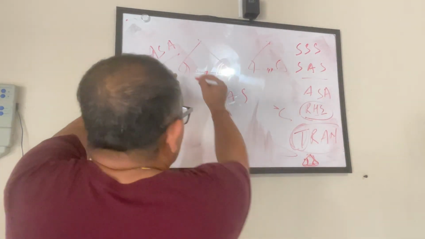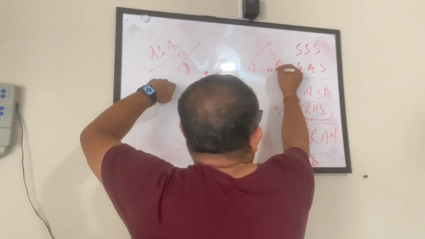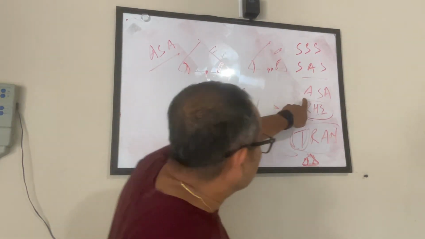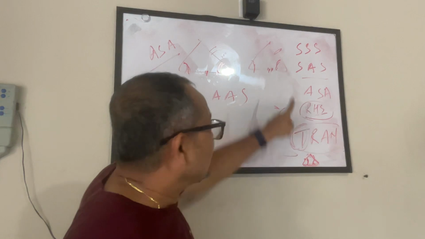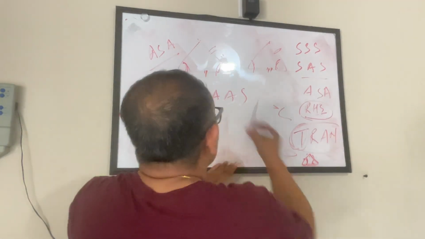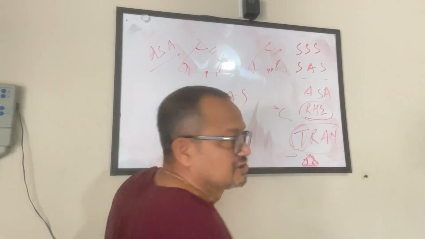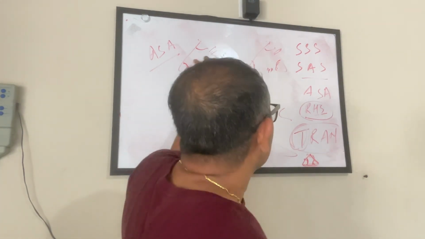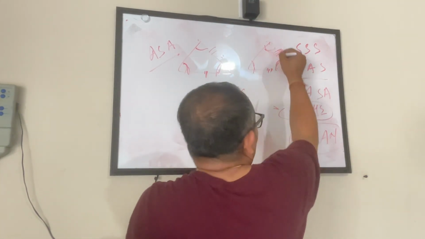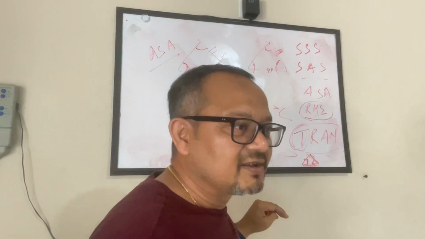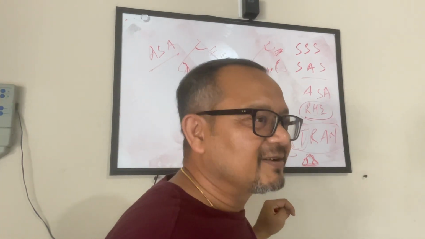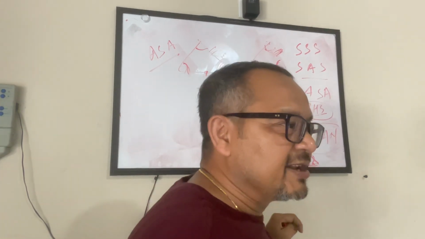So if I said that these two angles are matching and this side is matching, as per this theorem this is not correct. But what I am saying is this is also correct, because your third angle will anyways match. And when the third angle matches, this side is between two matching angles anyways. Yeah? Does it ring the bell?